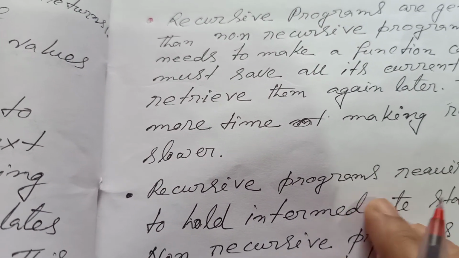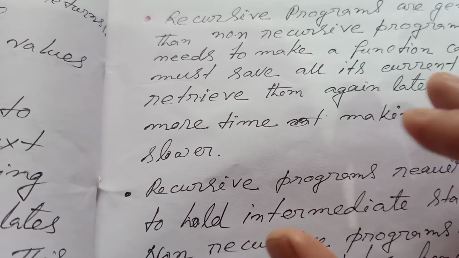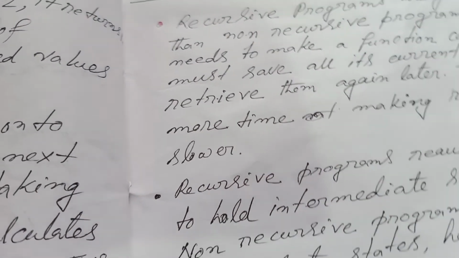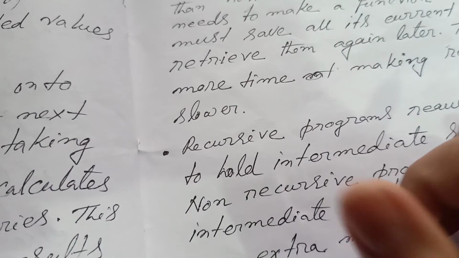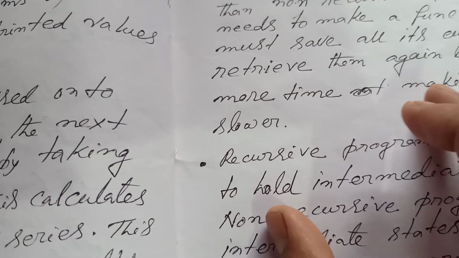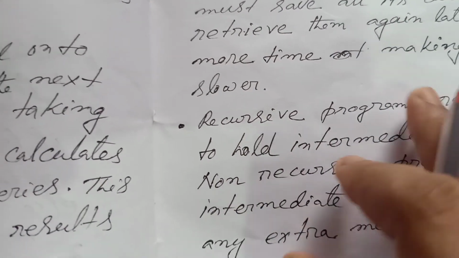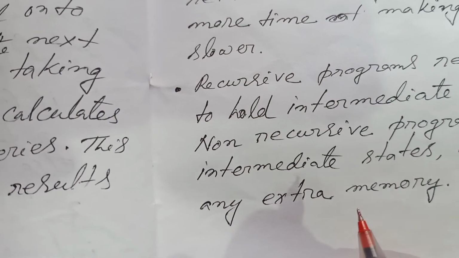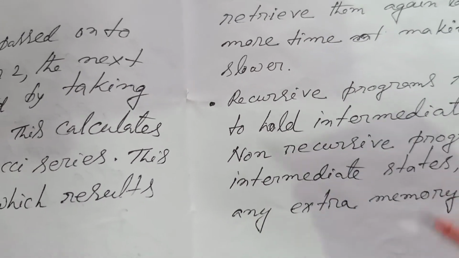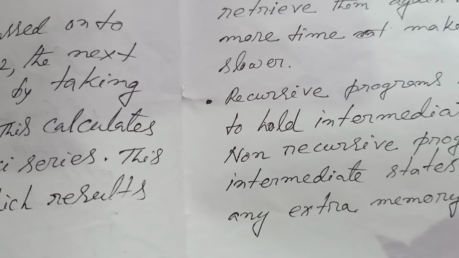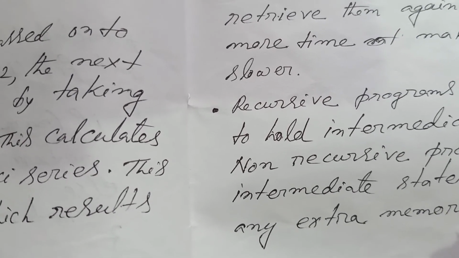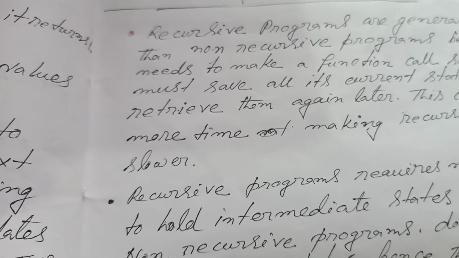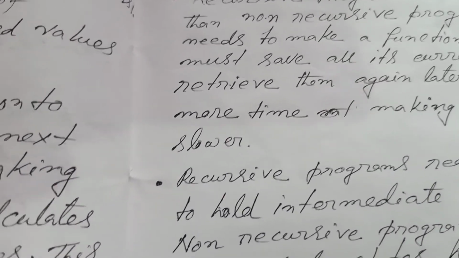That means whatever state is used in the user defined function, when the function is called, all the state will be saved first, then it executes. So this process will slow the recursive function. Okay, so that's why recursive programs are slower.